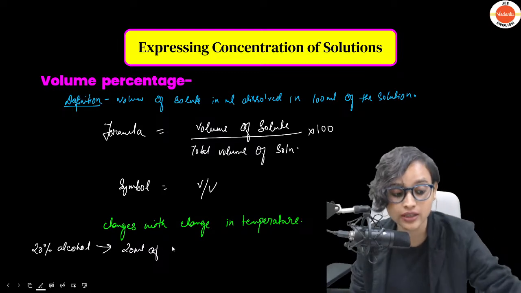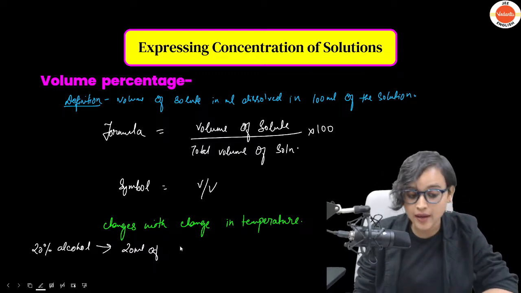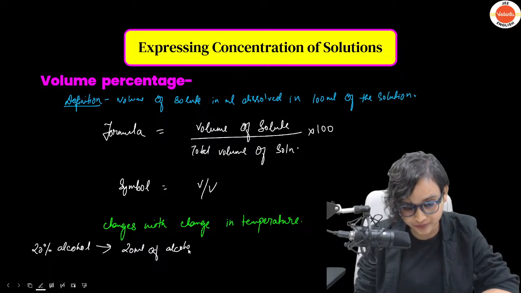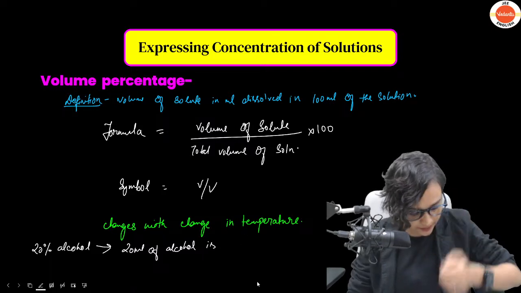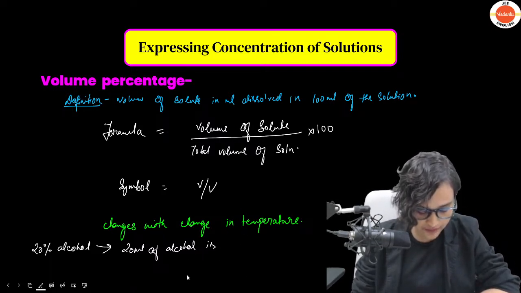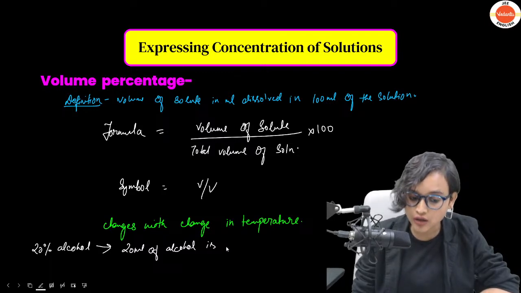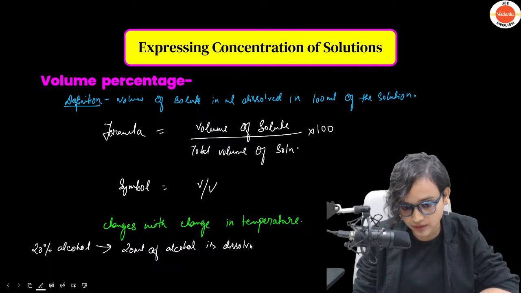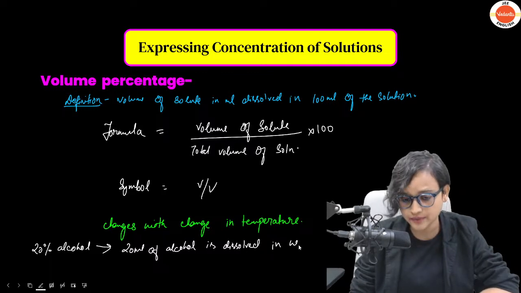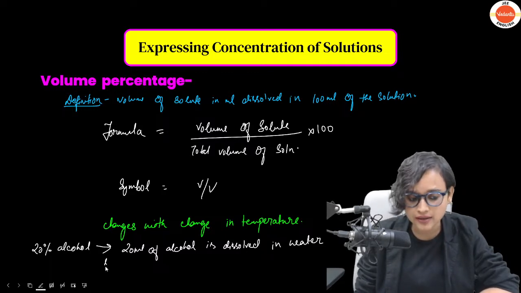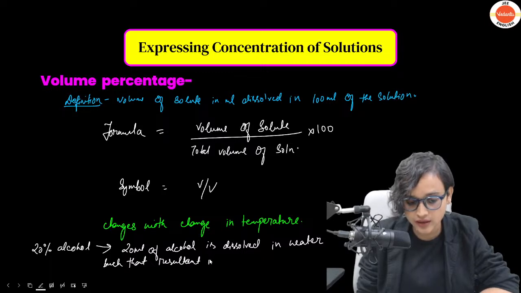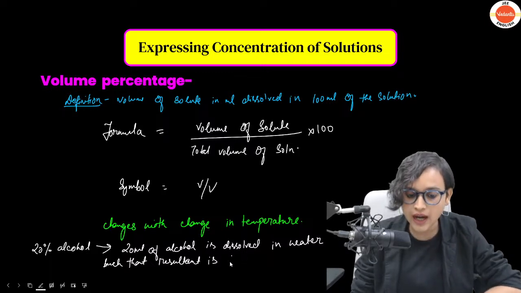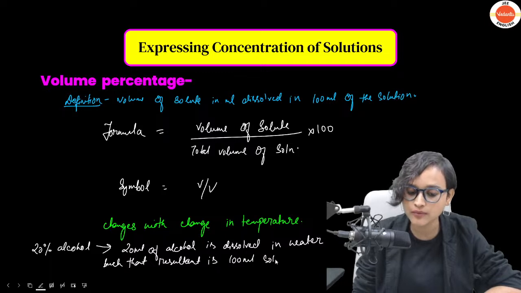Are you getting my point? 20 ml of alcohol is dissolved in water such that the resultant is 100 ml solution.